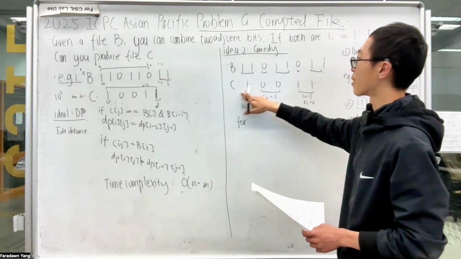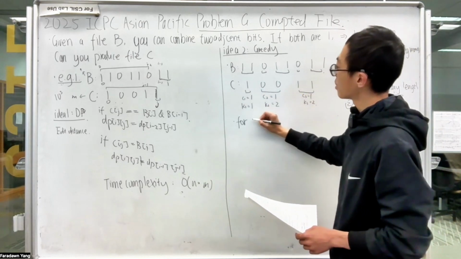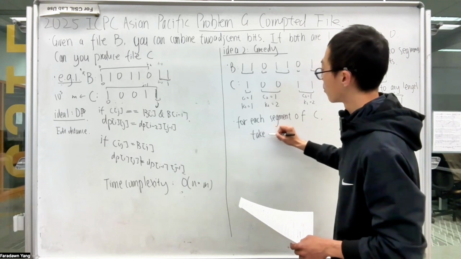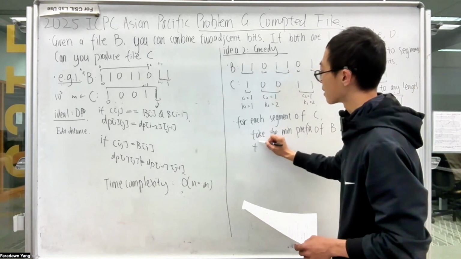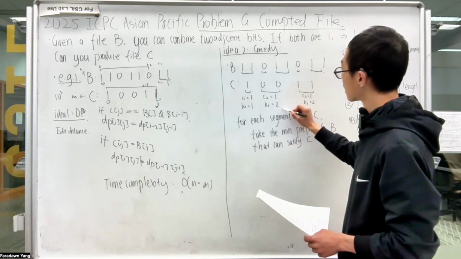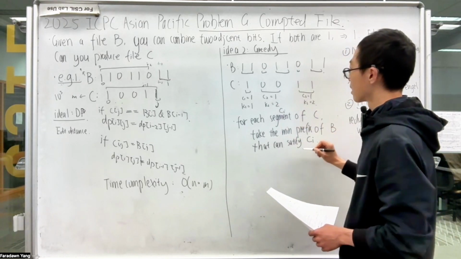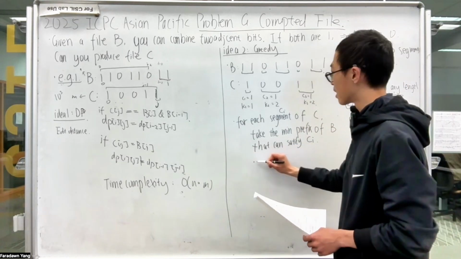We loop through from the first segment to the last segment of C. For each segment of C, take the minimum prefix of B that can satisfy this segment. So what does satisfy mean here?